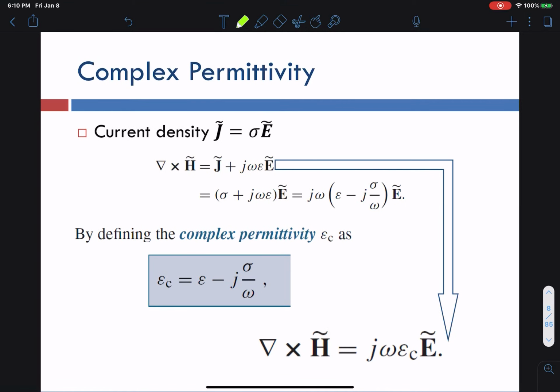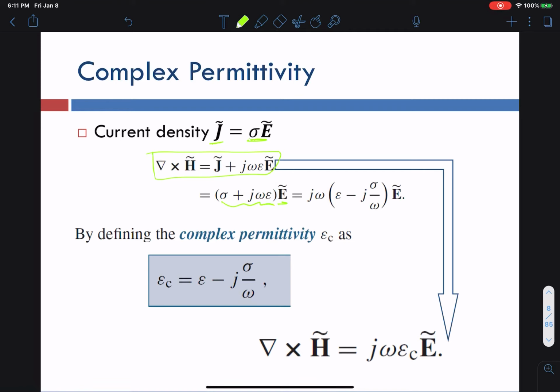Let's move here. Now for the last Maxwell equation, this is the equation for the last one in the phasor domain. If I replace J with its equivalent, J equal to sigma E, and take the E out, I have this part over here.